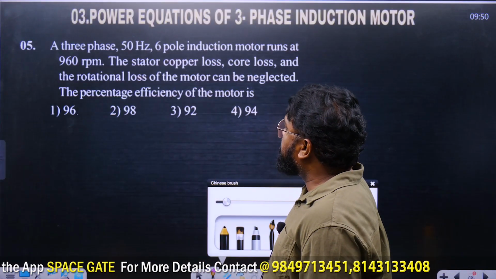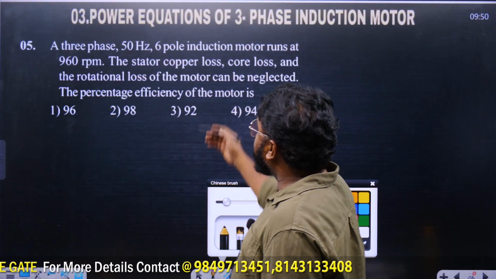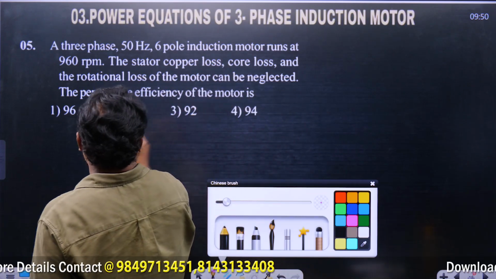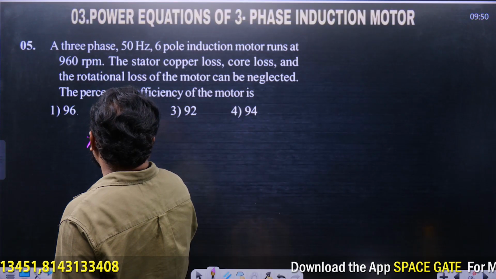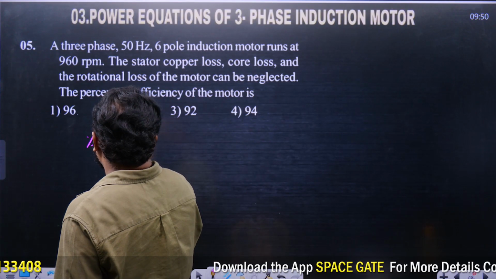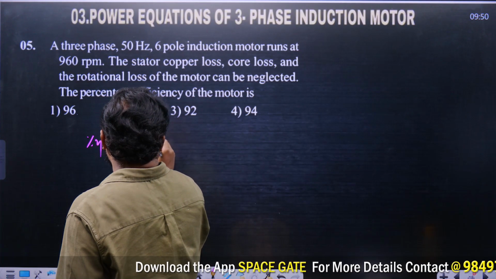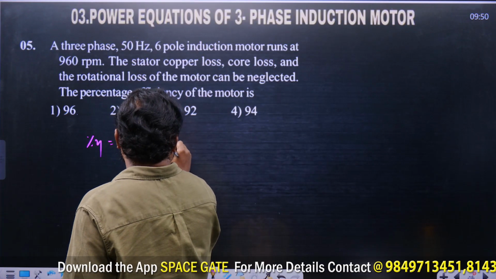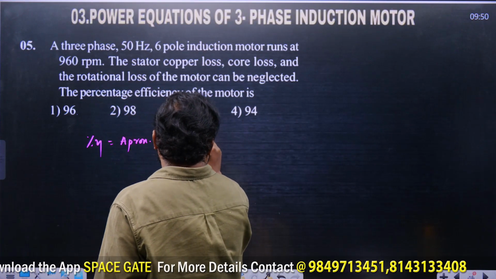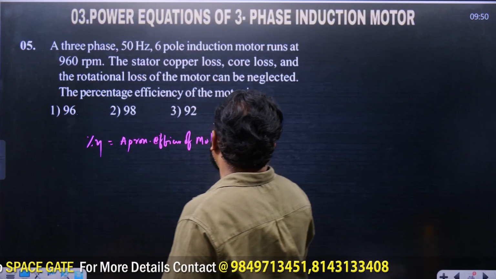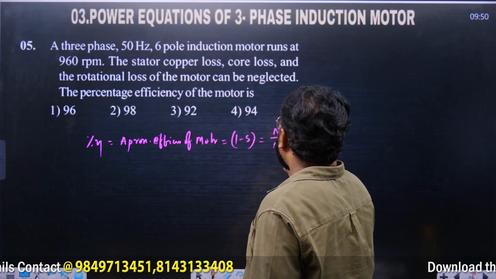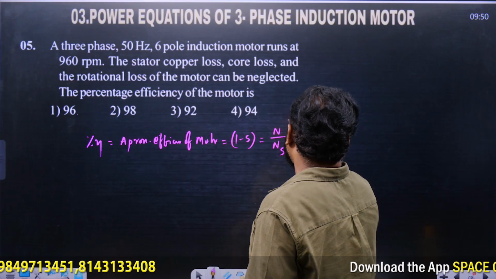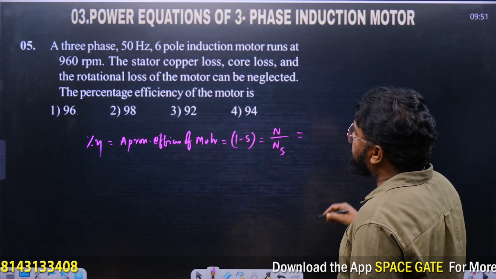The percentage efficiency of the motor is asked. Since all losses are neglected, this is the approximate efficiency of the motor, which is equal to 1 minus s, which can be written as N by Ns.